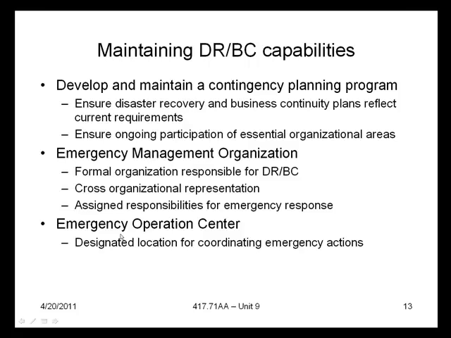Finally, a few other points about maintaining your DR capabilities. Make sure you have an ongoing contingency planning program, a program for business continuity and disaster recovery that ensures that your business can continue functioning in the event of a disaster that shuts down business units or information systems. Make sure that the DR plans and the business continuity plans reflect the current business requirements.